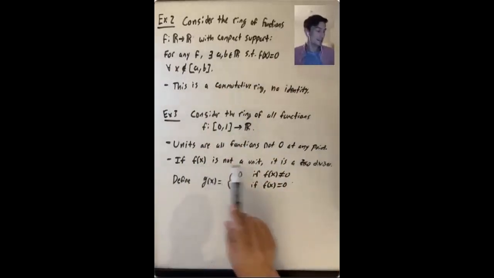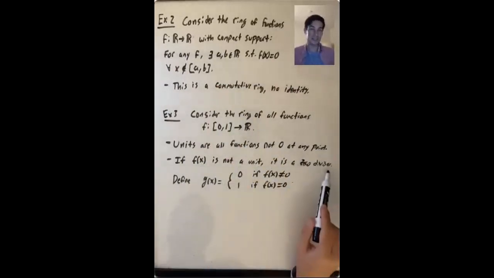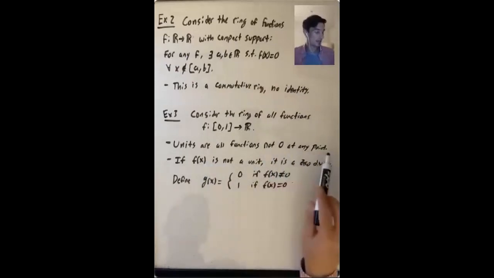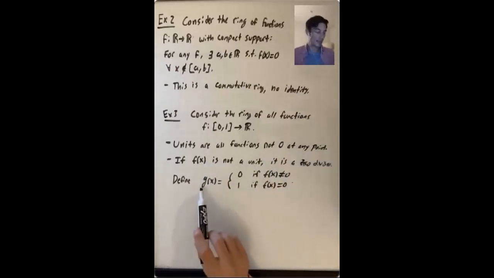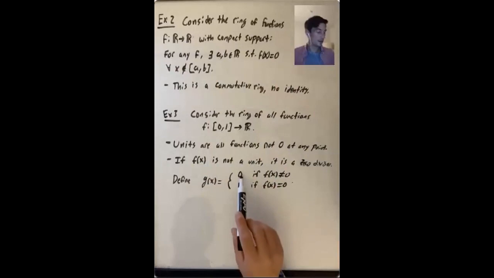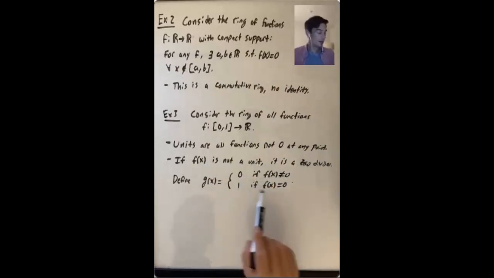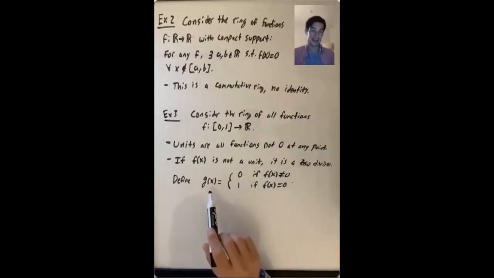If f of x is not a unit, then it must be a 0 divisor. So why is that? Well, let's suppose f is some non-zero function, and we just know that it's 0 at least one point, so that it's not a unit. We'll define g of x to be 0 if f of x is not 0, and it'll be 1 if f of x equals 0. So because we know it's 1 at at least one point, this function is not 0.